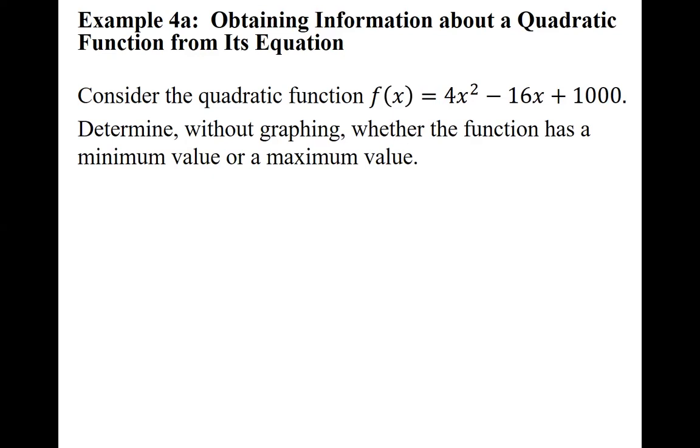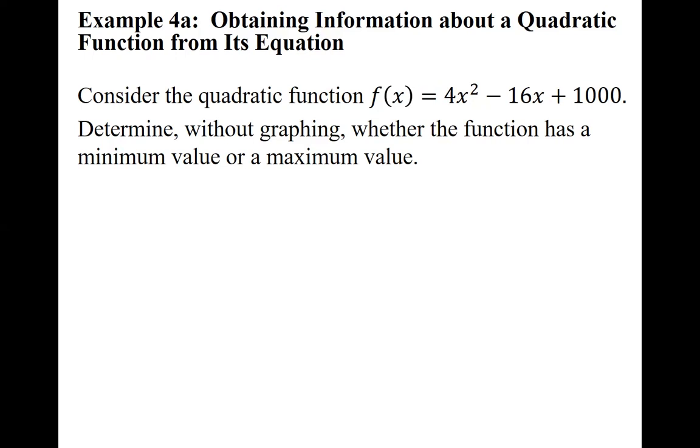So consider the quadratic function f of x equals 4x squared minus 16x plus 1,000. Determine without graphing whether the function has a minimum value or a maximum value. So this is nice. We don't even have to find the minimum or maximum value. But we could start with the vertex, negative b over 2a.